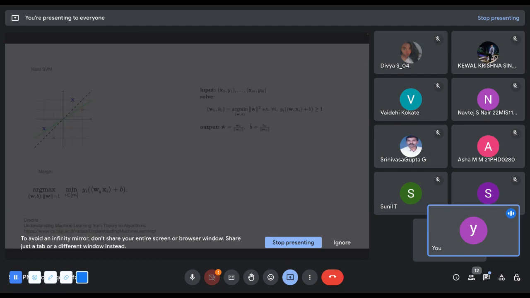By the way, I have this quantity, right? Yi times W transpose Xi plus B. If this point X is Xi, and the norm of W is 1, do you know what this quantity represents?